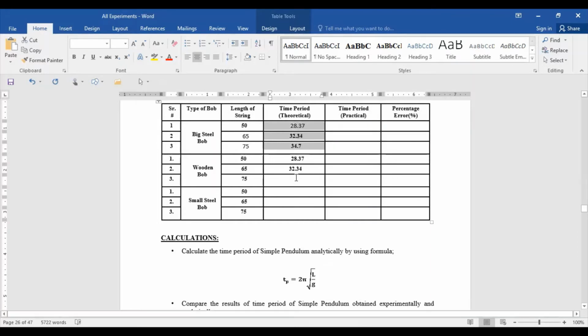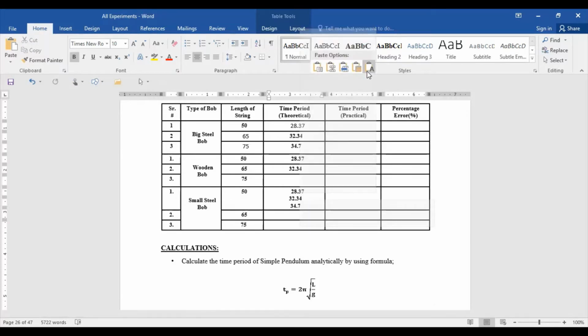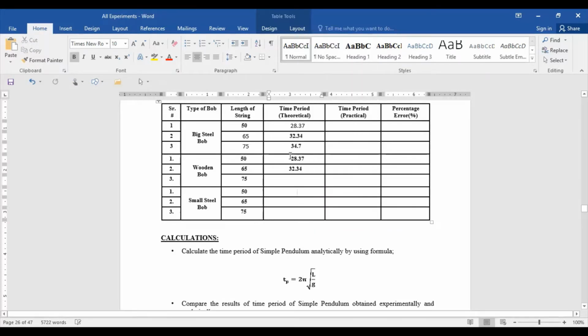It is again taking it wrong. So let me copy it, Control C and Control V. So this is 34.7, Control C. This will be Control V, this will be Control V, and this is 32.34, Control C.